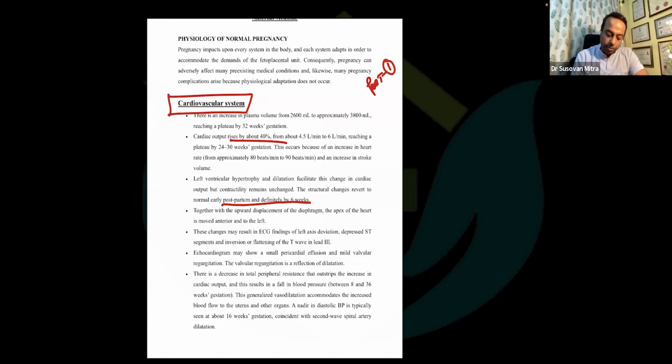And this question has always been asked, about the ECG changes. Is it important or not? Please note it down. If you do the echo, you will find a little bit of pericardial effusion and valvular regurgitation, mostly mitral regurgitation, which is because of the dilatation.